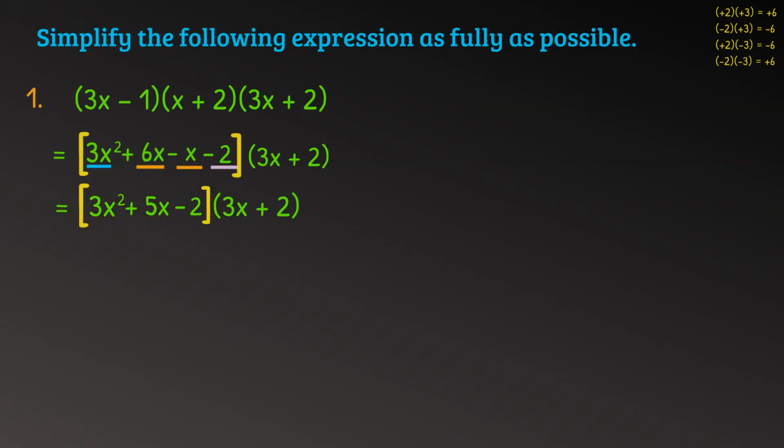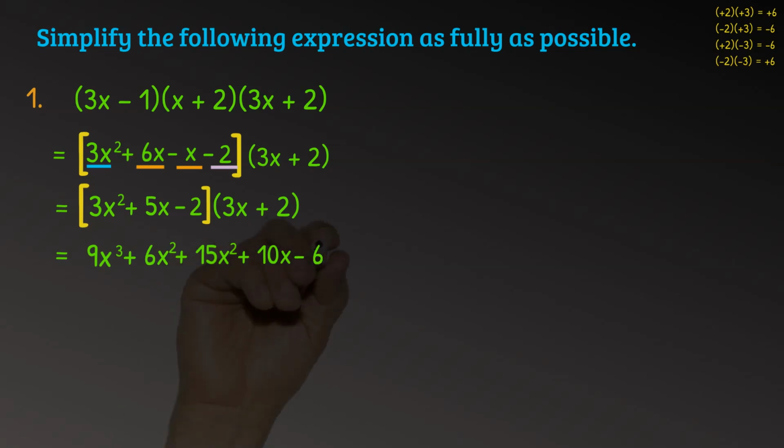Then we can multiply out the yellow bracket with the remaining bracket, 3x plus 2, and we get 3x squared times 3x is 9x cubed, 3x squared times plus 2 is plus 6x squared, plus 5x times 3x is 15x squared, 5x times plus 2 is plus 10x, minus 2 times 3x is minus 6x, and minus 2 times plus 2 is minus 4.